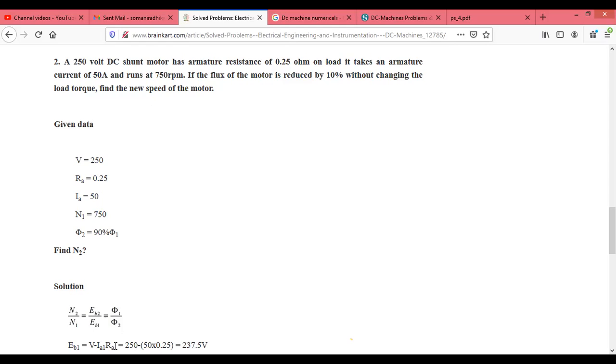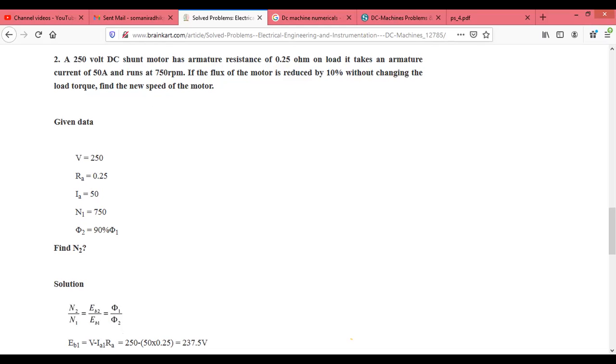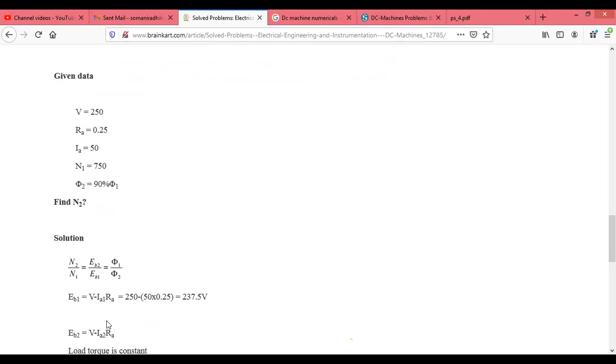These equations are very simple, only understand the things. Here we are taking a shunt motor, and shunt means parallel, and in parallel the voltage is the same. That's why we are supposed to consider only armature resistance here. So the EB equation will be V minus IA RA.